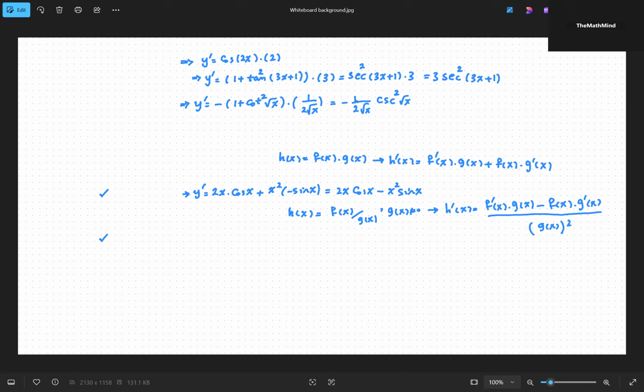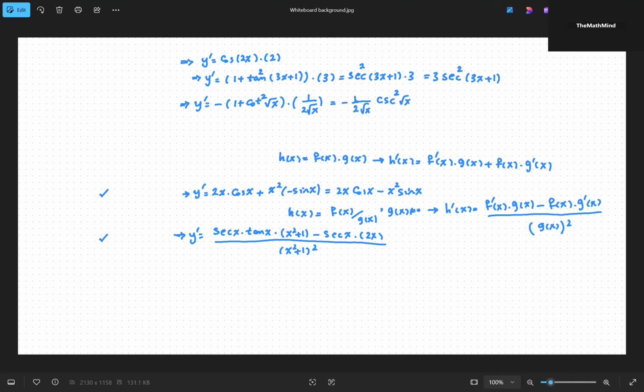Okay, now we're using the formula and also we have the trigonometric function secant here. So y prime will be the derivative of the top. The derivative of secant x will be secant tan, multiplied by the bottom x squared plus 1, minus the derivative of the bottom multiplied by the top, divided by x squared plus 1 to the power of 2.